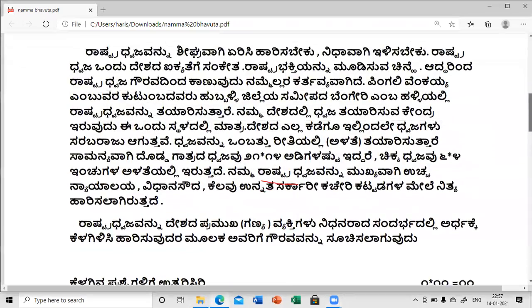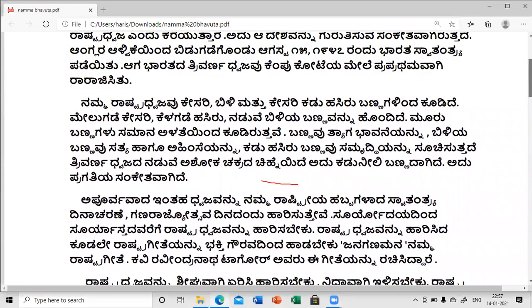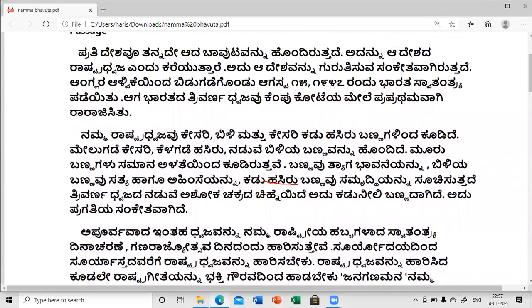So we have to locate in the passage where this Ashoka Chakra is. The first thing that you have to do is to locate the word Ashoka Chakra, and later you would be able to get this answer in the same sentence.